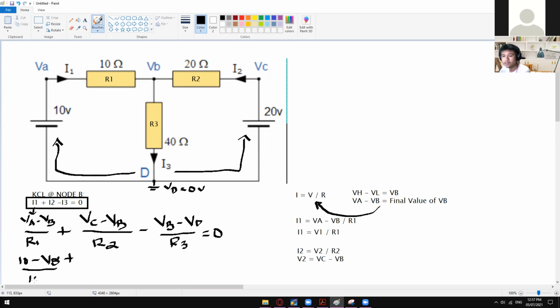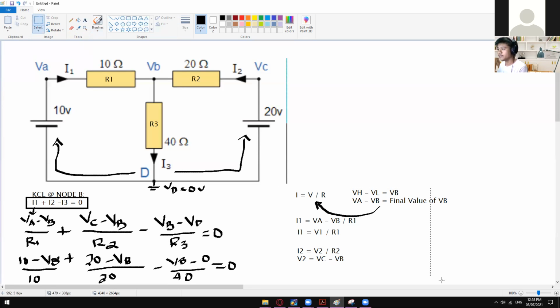R1 is 10 ohms, plus VC is 20 volts, since that is the voltage passing through this VC right here, 20 minus VB, we still don't know the value of VB, and then R2 is 20 ohms, minus VB, minus 0 divided by R3. R3 is 40, is equal to 0.